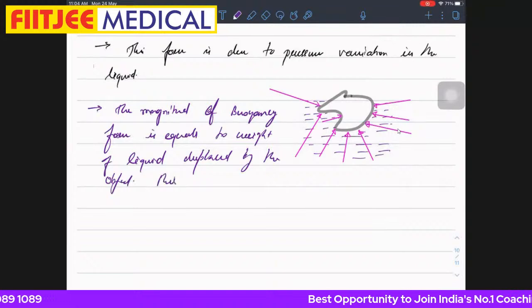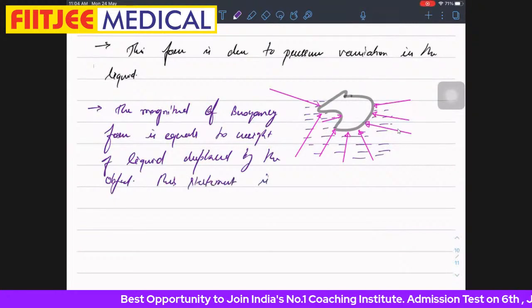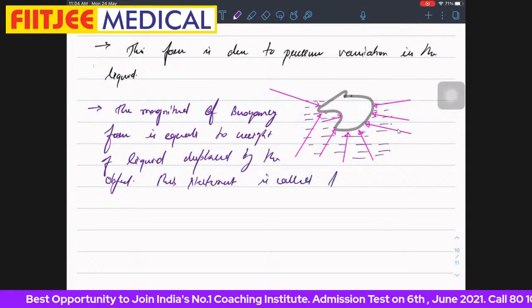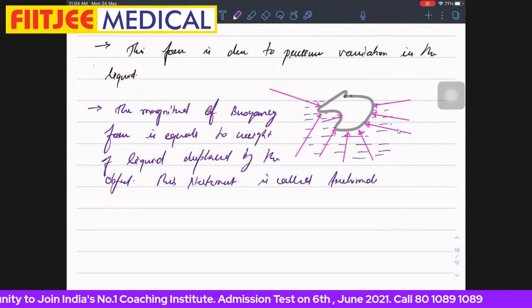This statement is called Archimedes Principle.